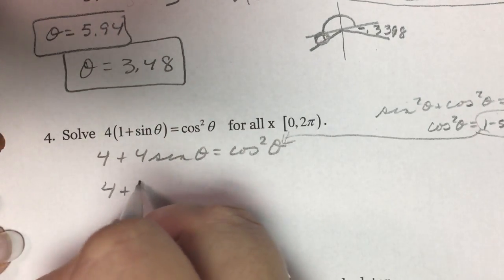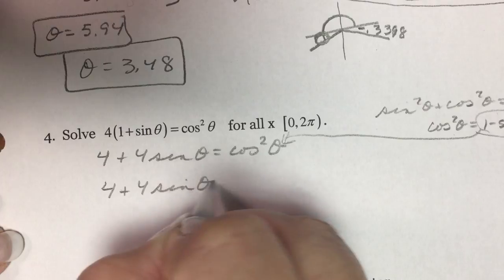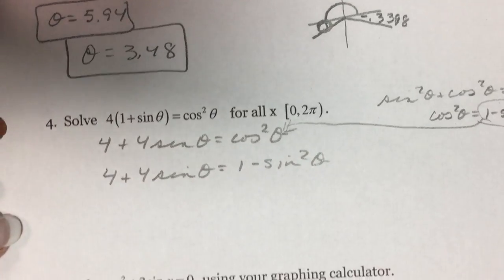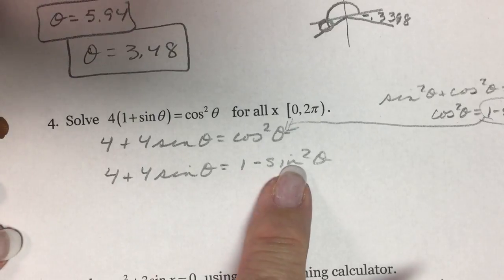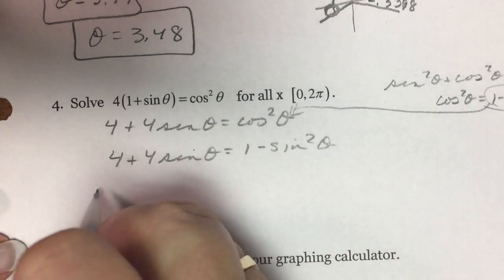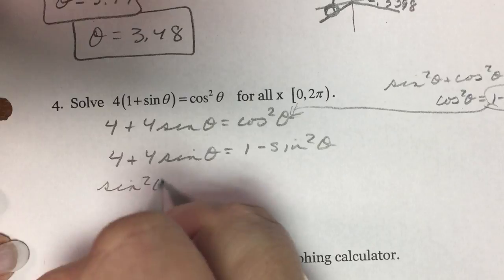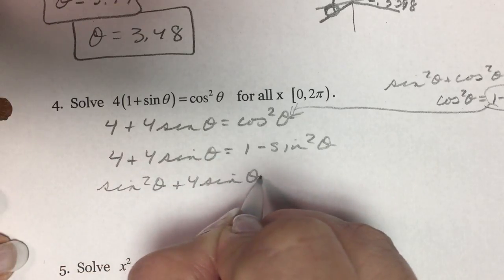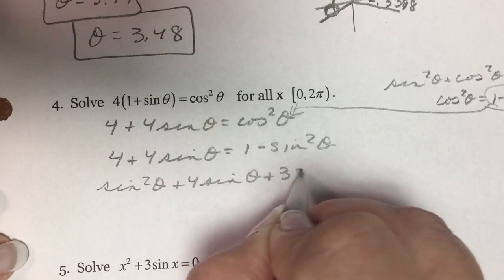So 4 plus 4 sine theta equals 1 minus sine squared theta. Because of the quadratic, I'm going to bring everything over to this side. So when I do that, I'm going to get sine squared theta plus 4 sine theta, and if I subtract 1, it'll be plus 3.